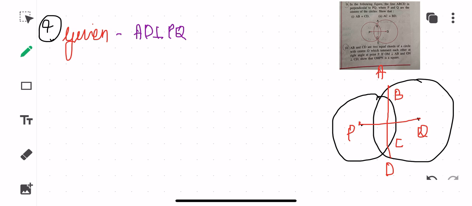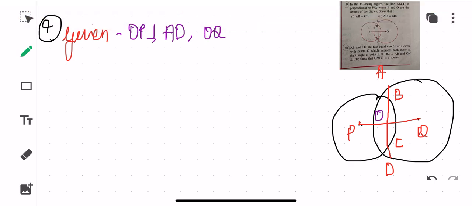Alright, so for your ease, you can take the point of intersection as O. So now you can be writing like this, children, so that it is still more clear to you. It is given that OP is perpendicular to AD, and separately write down OQ is also perpendicular to AD. This is what is given.